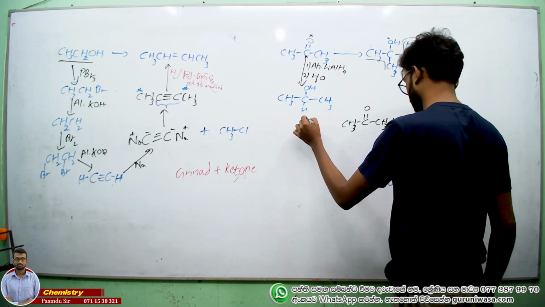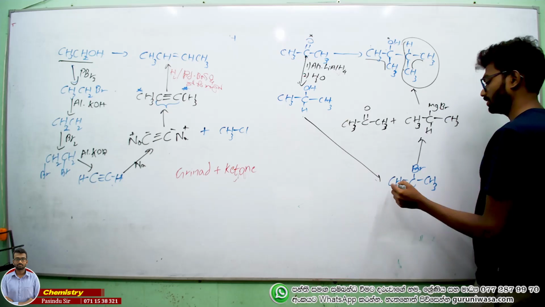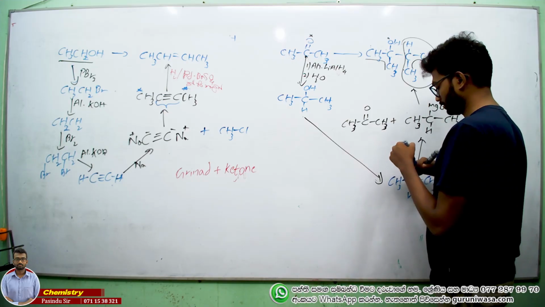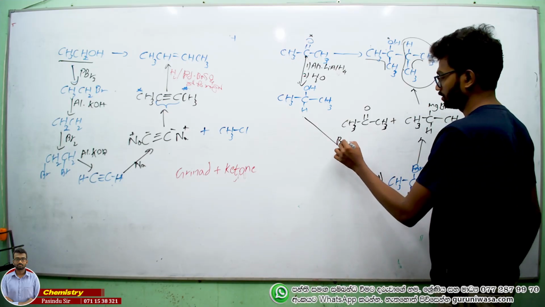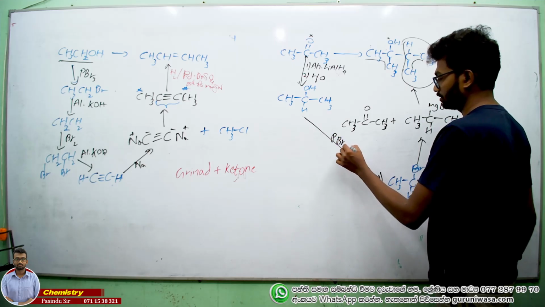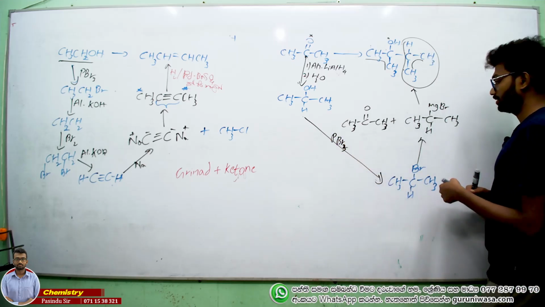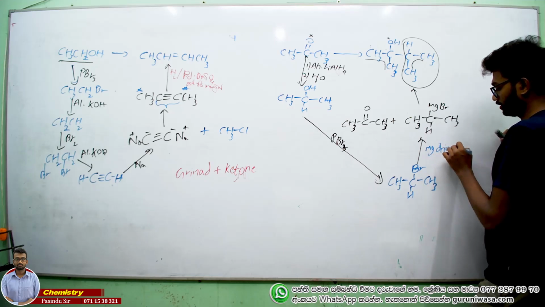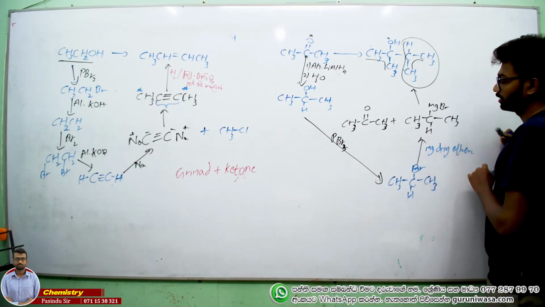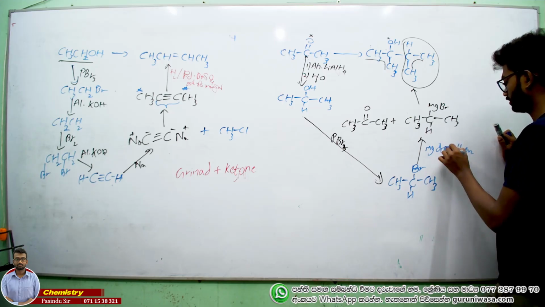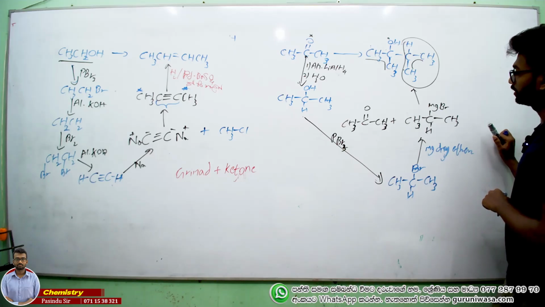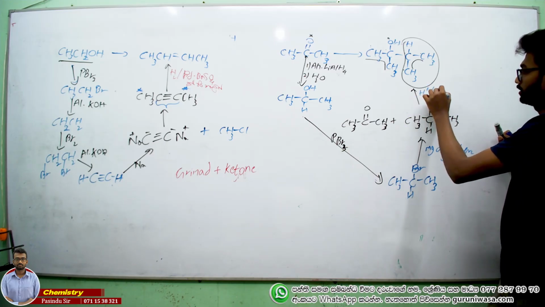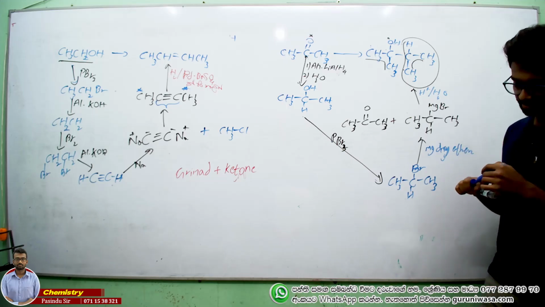Then you have the OH group, and then just easily convert it into Br by adding PBr3. Easy. Then add Mg, dry ether, right? And then H plus, H2O, right?